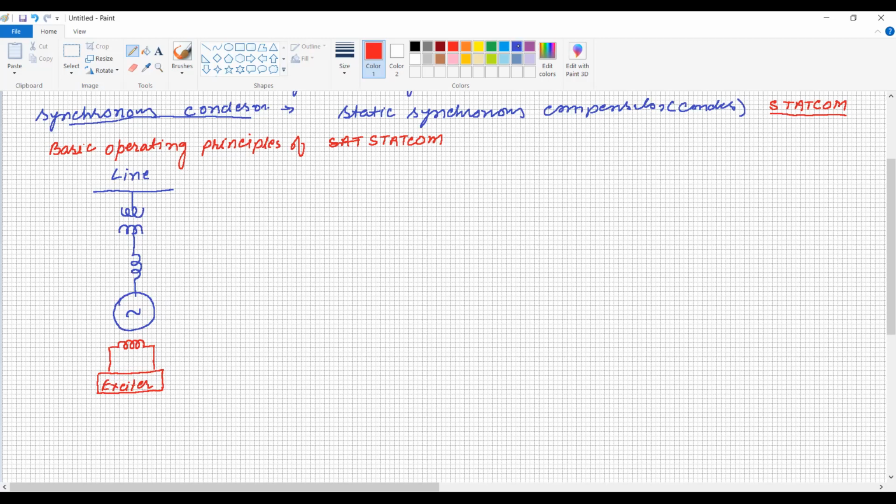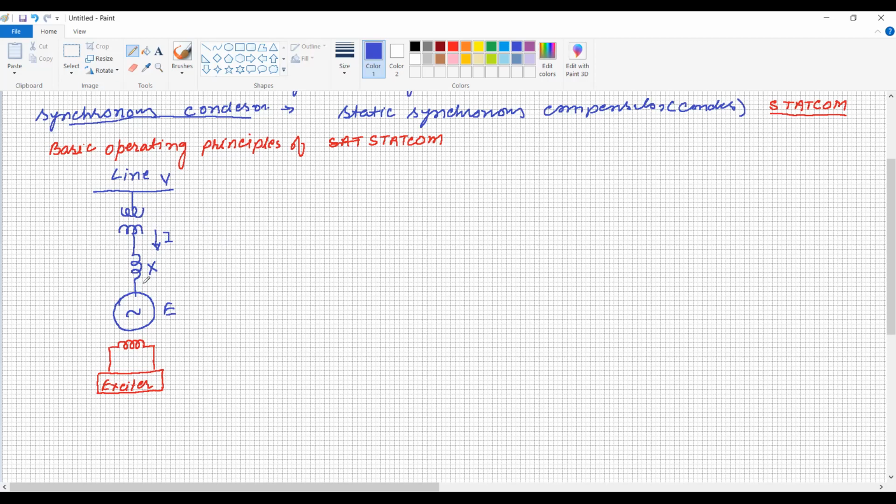So the back EMF of the synchronous motor is E, whereas the reactance is X. It is the total reactance, including the leakage reactance of the transformer and the synchronous reactance of the synchronous motor, and the transmission voltage is V. Now, the current may be delivered or consumed. Here, this is the current taken by the motor.